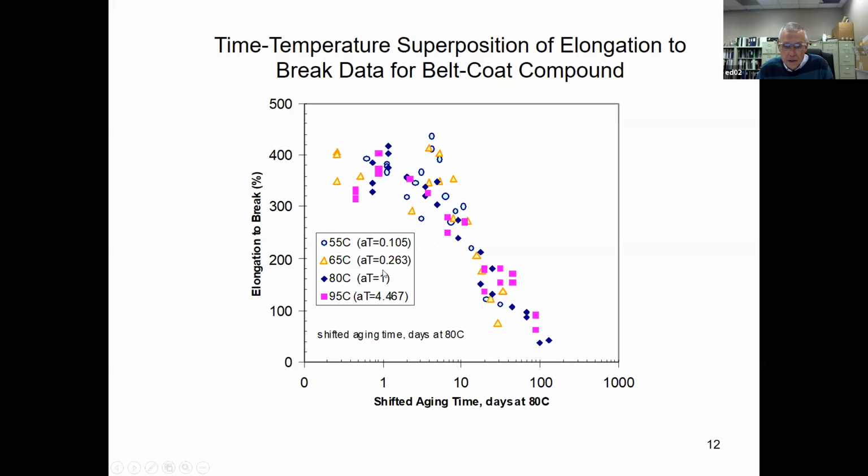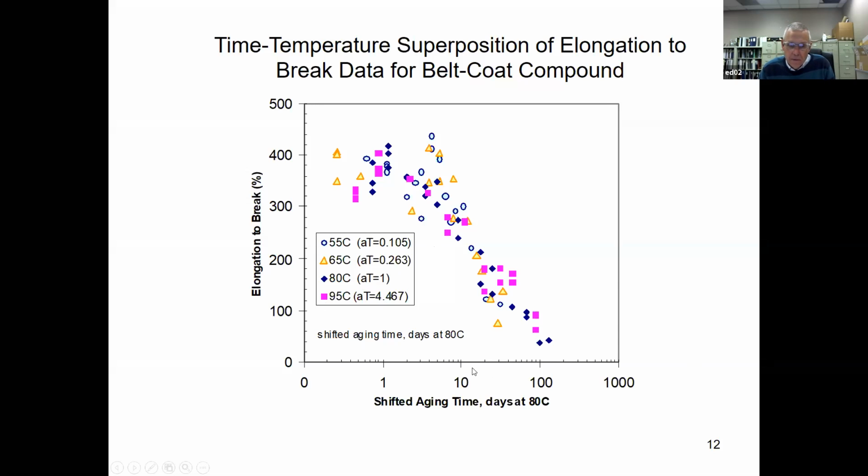And so these shift factors are relative rates, right? And once we know the rates, we're going to do an Arrhenius plot, right? We plot the log of the rate as a function of inverse temperature. And then you can understand the mechanism and shift the data.